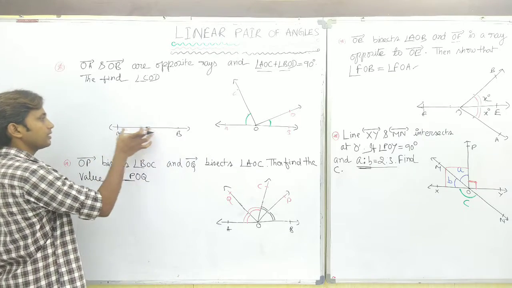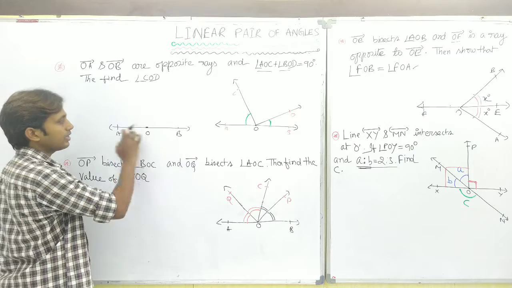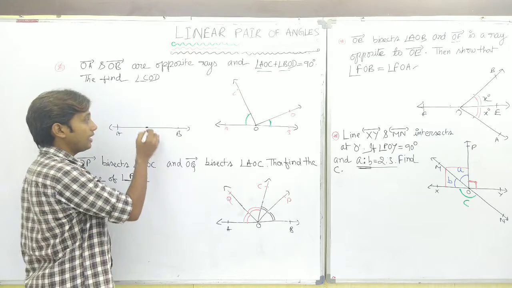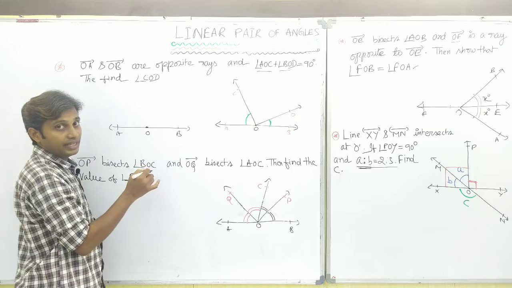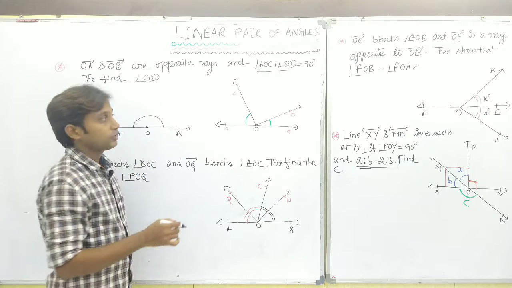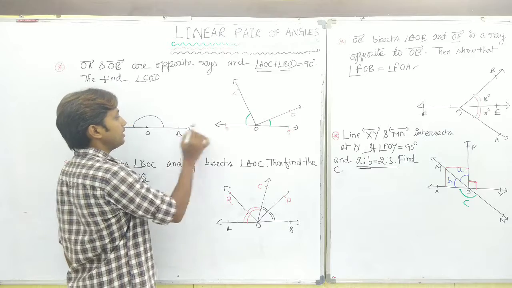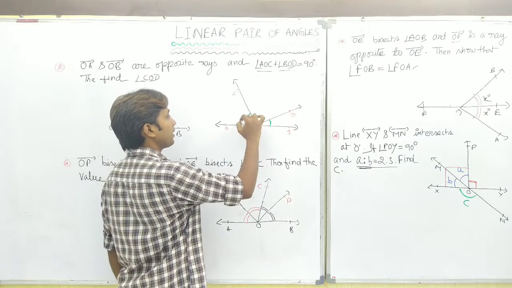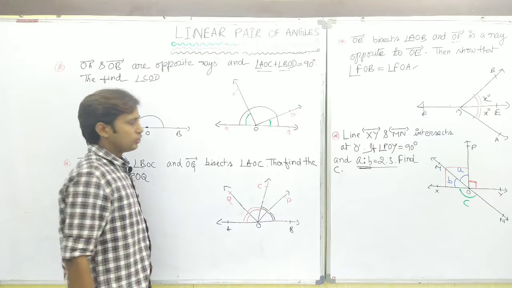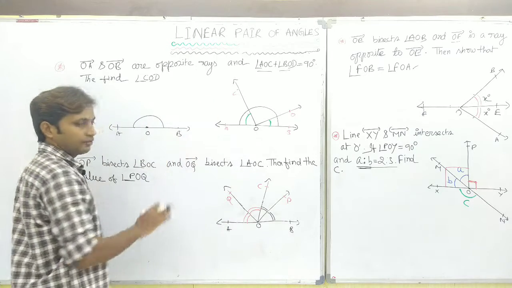This is the straight line AB. On every point of a straight line, the angle made would be 180 degrees, which is called a straight angle. So here this total angle will be 180 degrees. Let us do that first and see what happens.